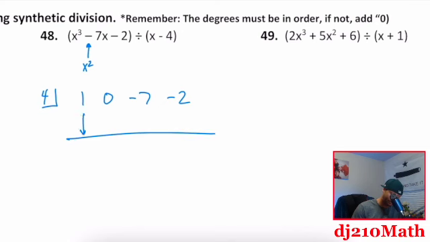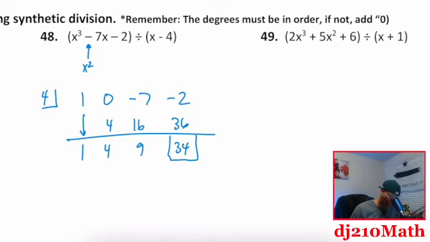Okay. Bring down the 1. Times 4 plus 0, times 4 plus -7. 9 times 4, 36. My goodness. This is 34.